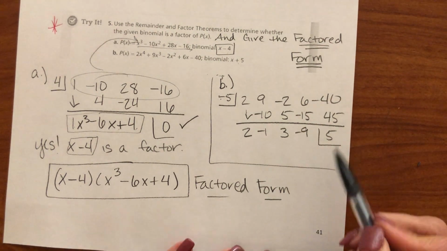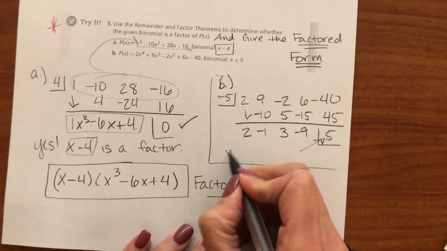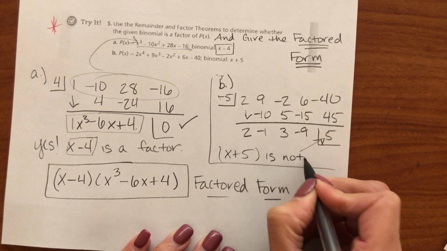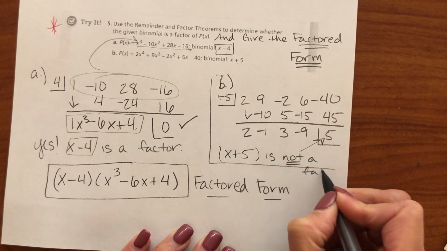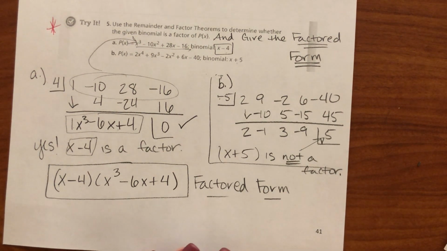All right, so that remainder of 5 tells me that x plus 5 is not a factor. So I can't give factored form for this one.